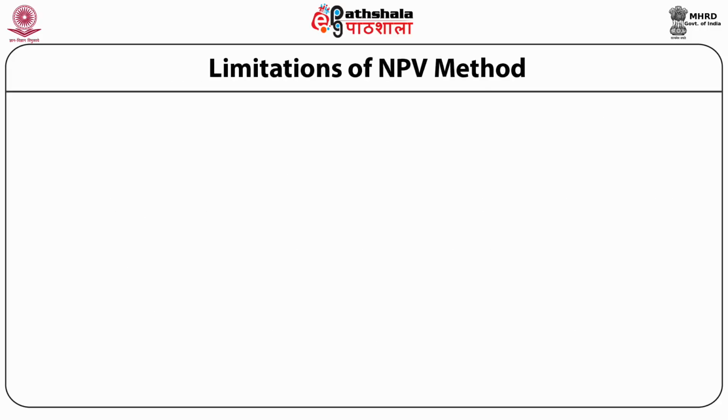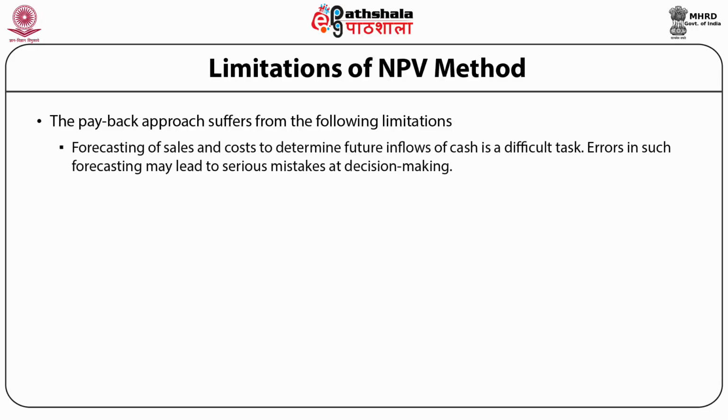Limitations of NPV method. The NPV approach suffers from the following limitations. Number 1. Forecasting of sales and costs to determine future inflows of cash is a difficult task. Errors in such forecasting may lead to serious mistakes in decision making.